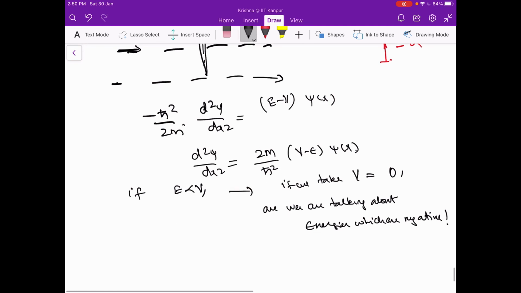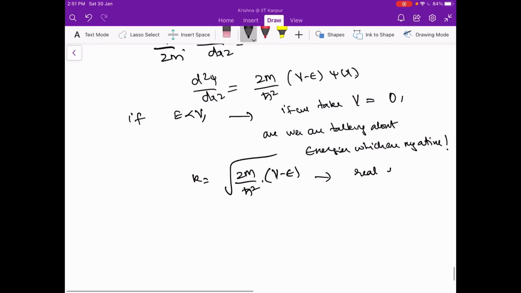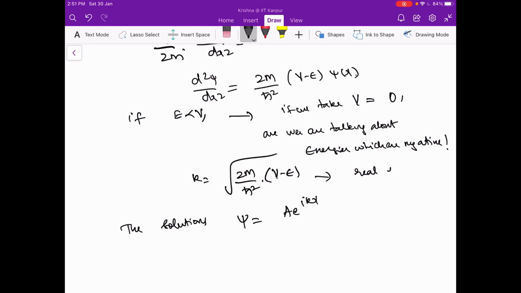And in this case, k, which is the root of 2m by h bar squared (V minus E), is always going to be real, right? And hence the solutions are psi equals A e power ikx plus B e power minus ikx, right?